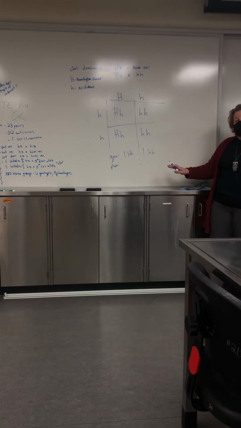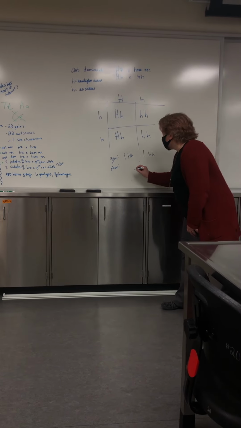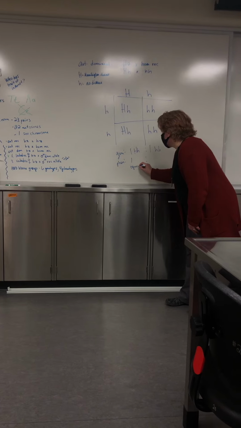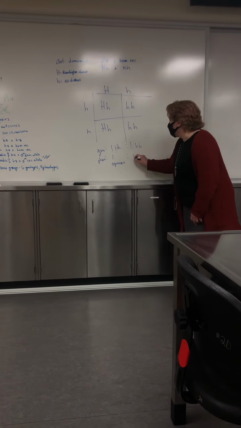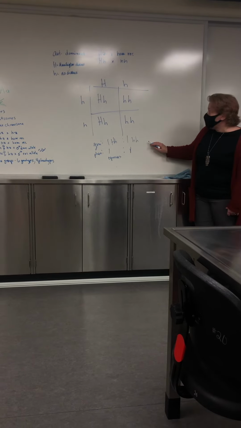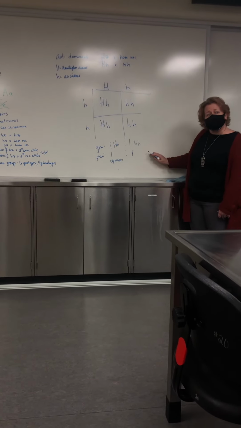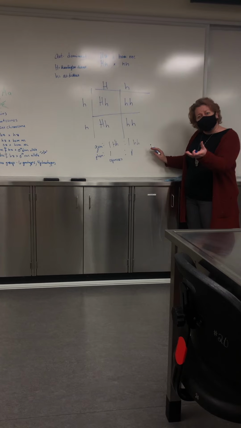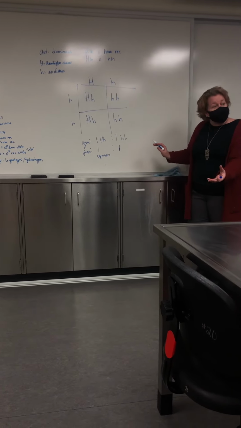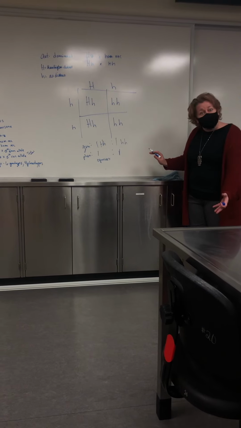That is a dominant disorder. And then individuals who have a small h, which is a homozygous recessive individual. In this case, the whole thing is turned around, right? The homozygous recessive is the only person who is spared the disease.